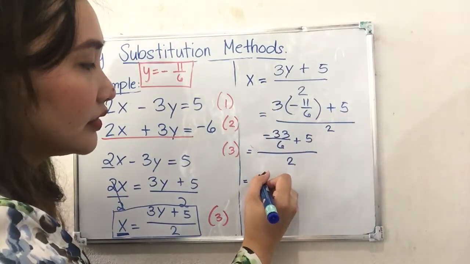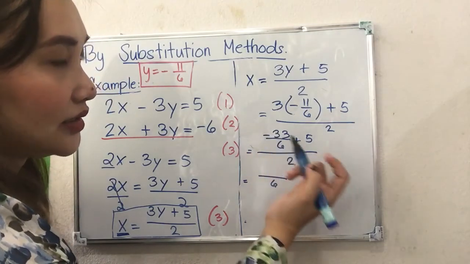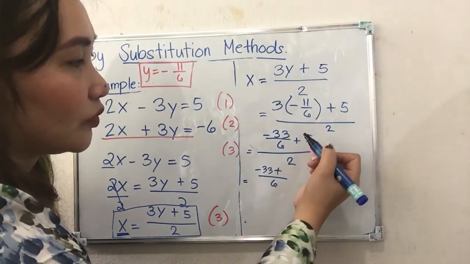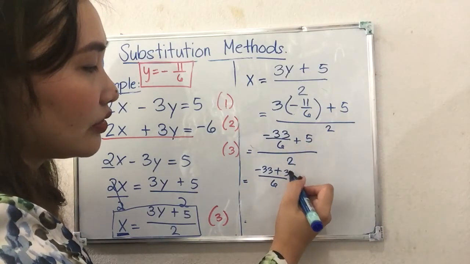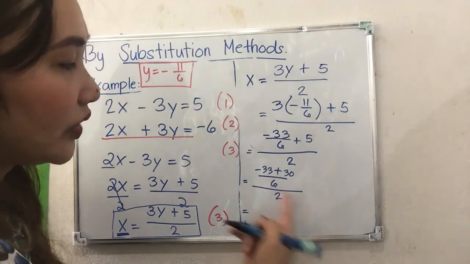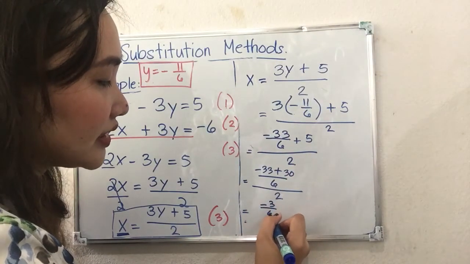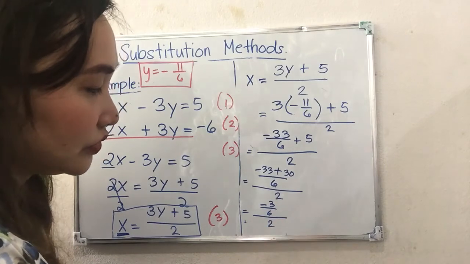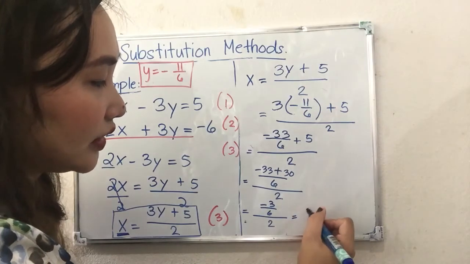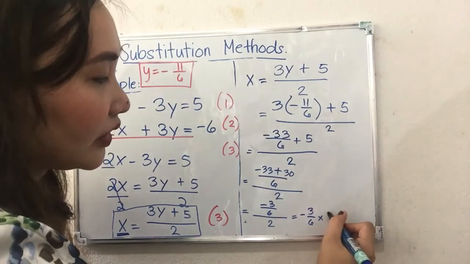The LCM: 6 divided by 6 is 1, times negative 33, is negative 33, plus 6 divided by 2 is 3, times 5, is 15. Hmm, simplify: negative 33 plus 30 is equal to negative 3 over 6, all over 2.